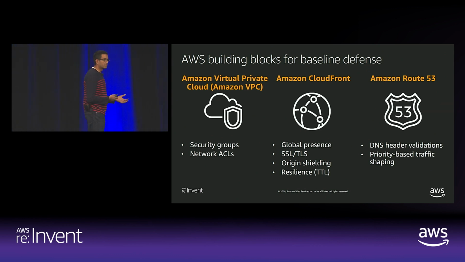Amazon CloudFront is the other service. CloudFront is AWS's CDN, or Content Delivery Network. It has global presence with 150 locations around the world, and that gives you a lot of scale. It has locations very close to where users are, and with that many locations, CloudFront can easily scale up to any increase in traffic that your application may experience.